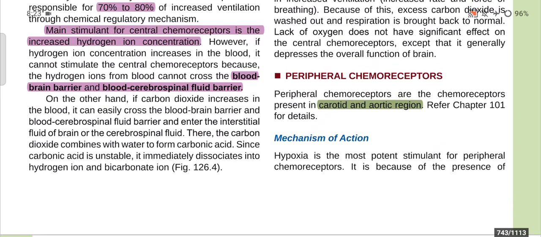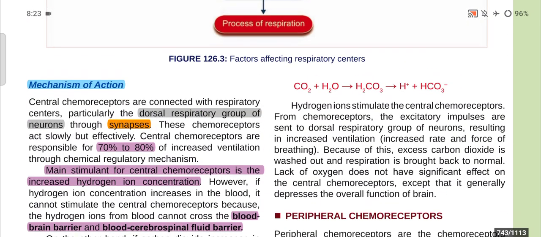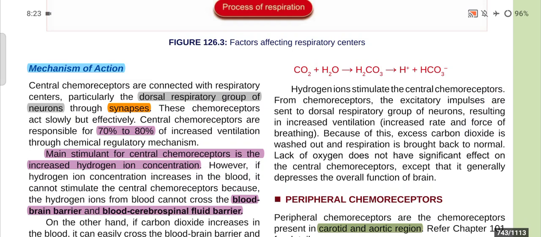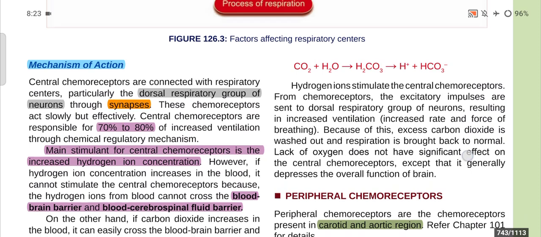And there the carbon dioxide combines with water to form carbonic acid, and since carbonic acid is unstable, it immediately dissociates into hydrogen ion and bicarbonate ion. That is, CO2 plus H2O forms carbonic acid, H2CO3, which dissociates into H+ and the bicarbonate ion, HCO3-.